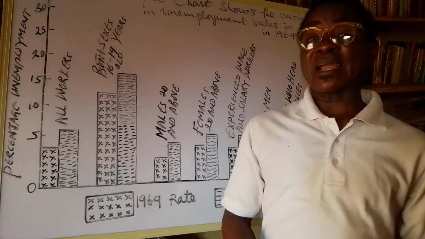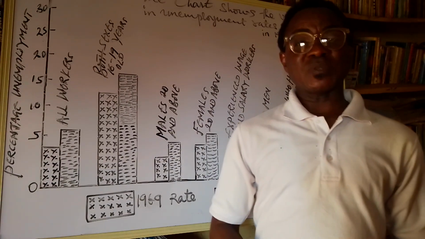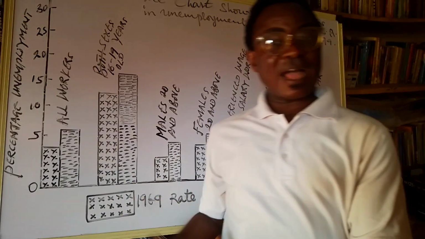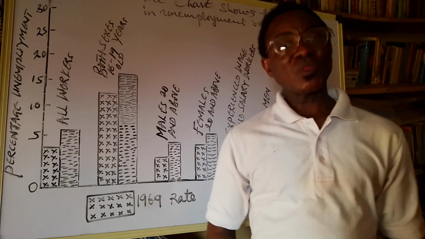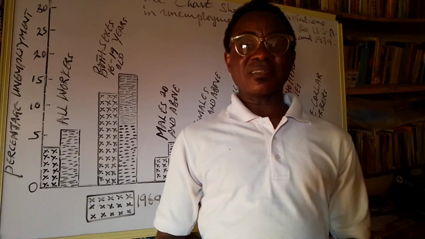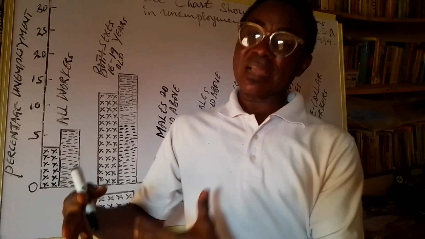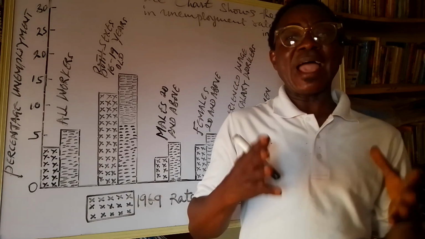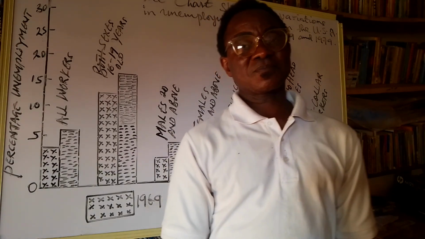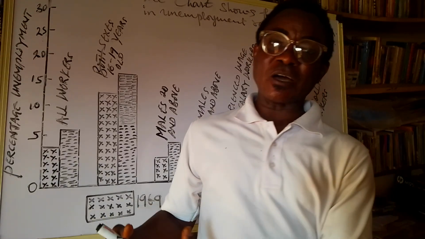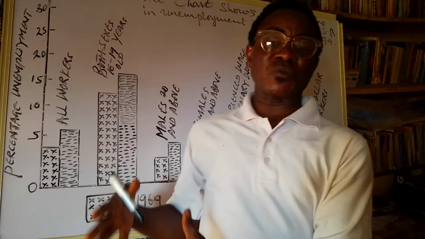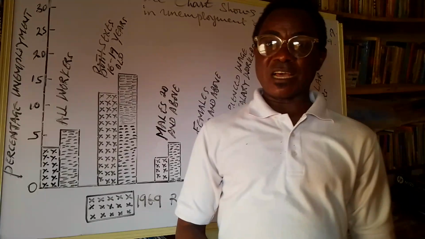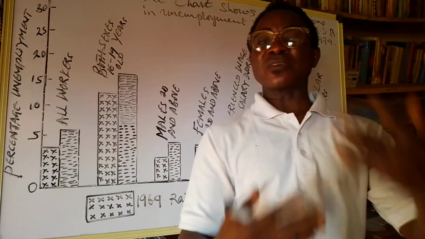A bar chart is one of the economic models that the IELTS students, especially the academic students, are obliged to analyze in the examination. By the way, the IELTS writing has two basic categories. And for the purpose of this video, we will talk about the IELTS writing task 1. The task 1 has a subcategory for general students, IELTS general students, that is, those IELTS hopefuls who are desirous of furthering their careers or vocations abroad.